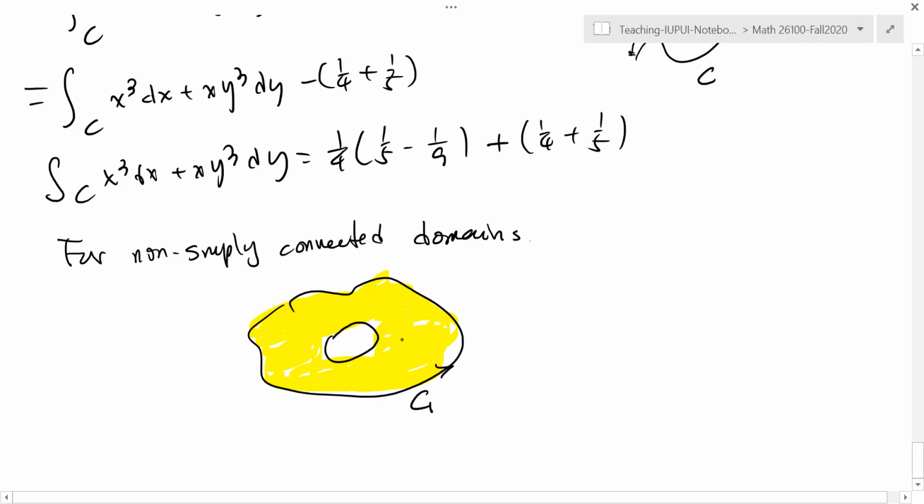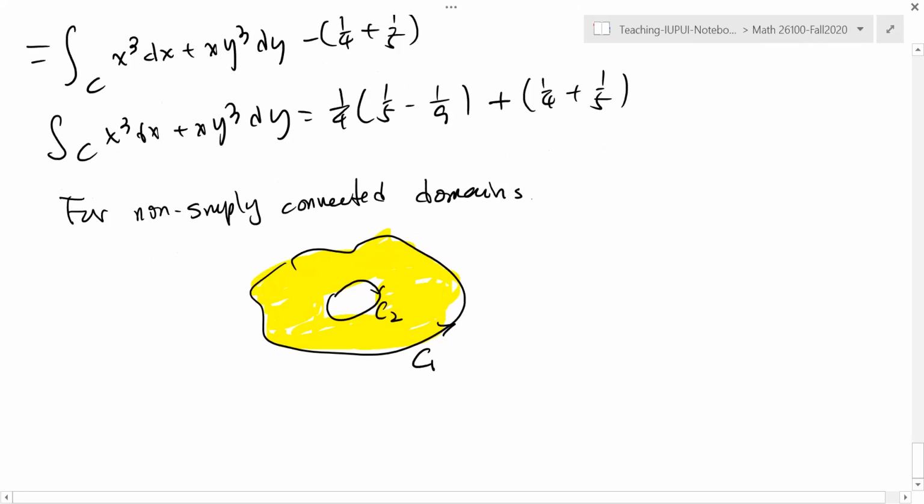So when we say the region is enclosed by a curve, you cannot use a single piece; you have to have two pieces. It's the other orientation, that's C2, okay? Then we say that those two curves are positively oriented and bound the domain D, okay?